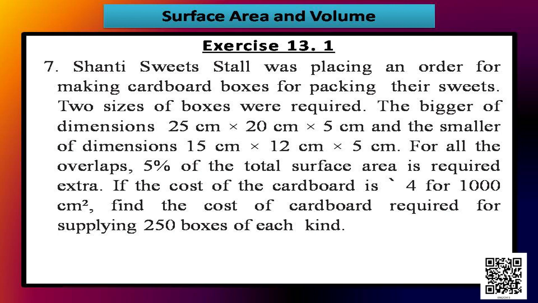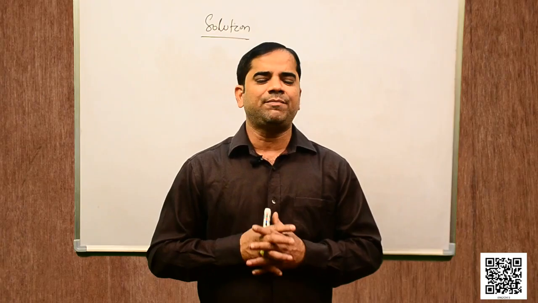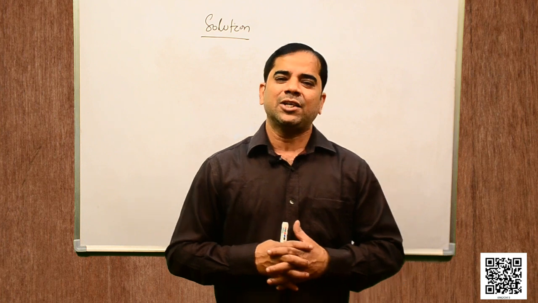For all the overlaps, 5% of the total surface area is required extra. If the cost of the cardboard is rupees 4 for 1000 centimeter square, find the cost of cardboard required for supplying 250 boxes of each kind. Okay. So, this is the question. Let us now discuss the solution.